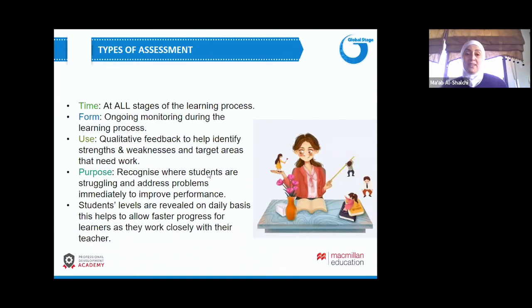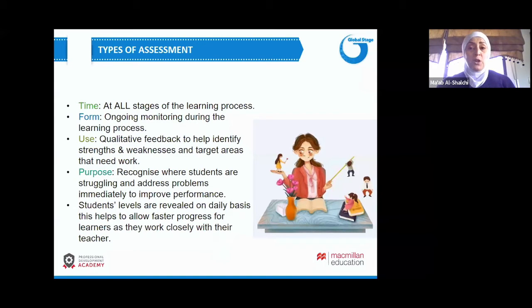So the purpose is to recognize where students are struggling and address problems immediately to improve performance. Students' levels are revealed on a daily basis. This helps to allow faster progress for learners as they work closely with their teacher. And this kind of assessment is the assessment that we need as teachers all the time in order for us to be able to help our students.